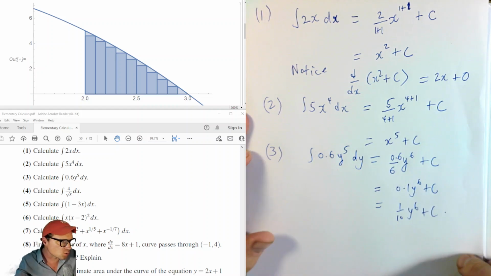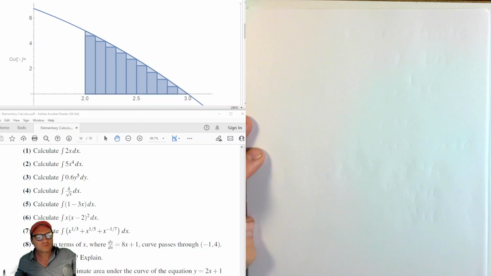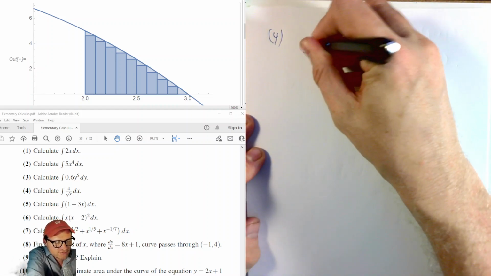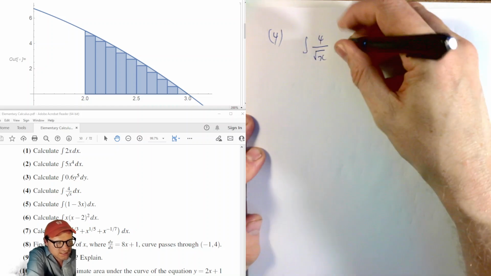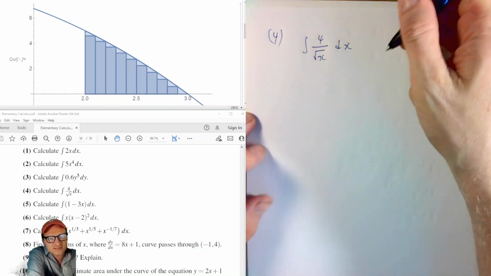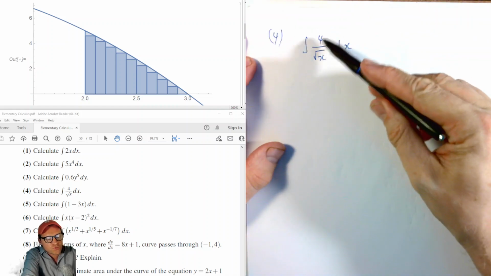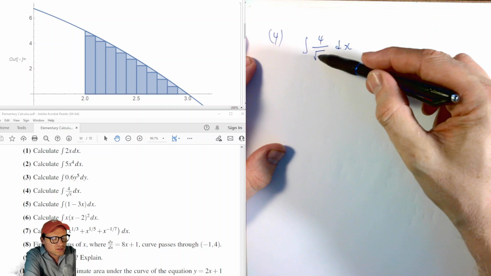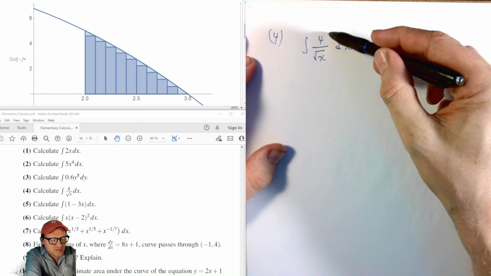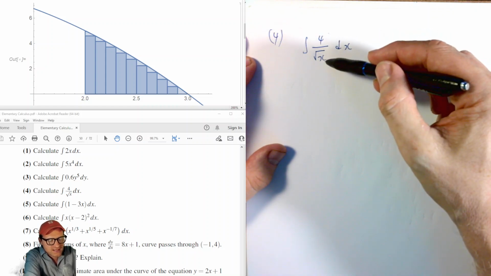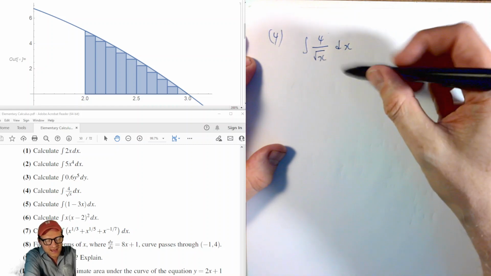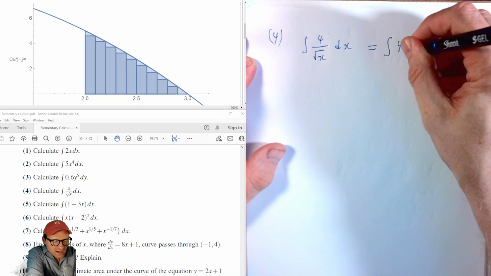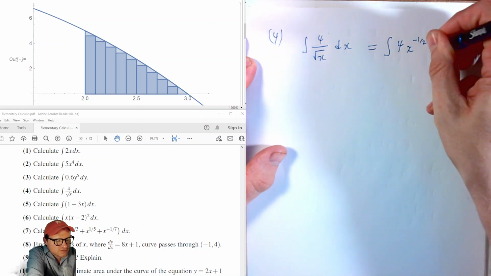All right, let's move on to question 4. We're asked to integrate 4 over the square root of x with respect to x. We want to rewrite our lowercase f of x so that we put that square root up into the numerator and change it into x to the half. In other words, let's write this as 4x to the minus a half.